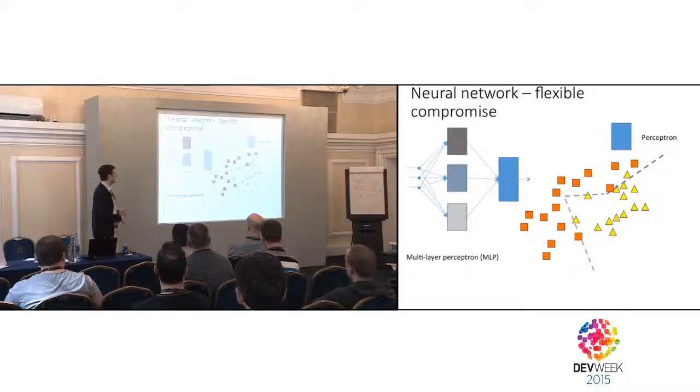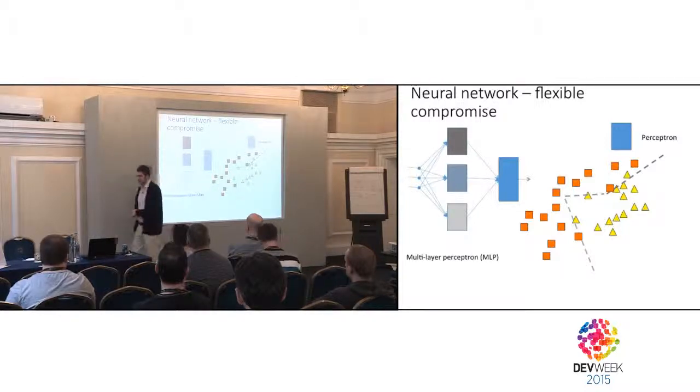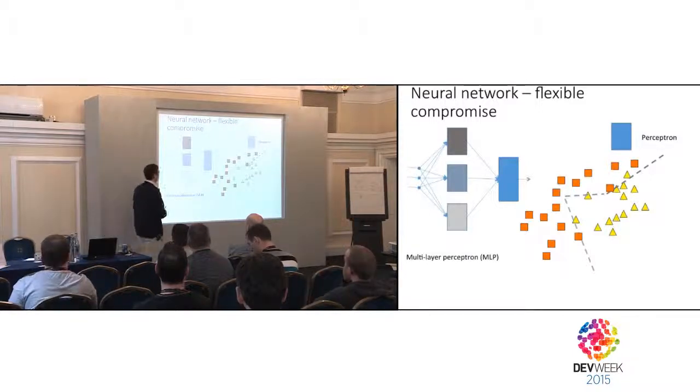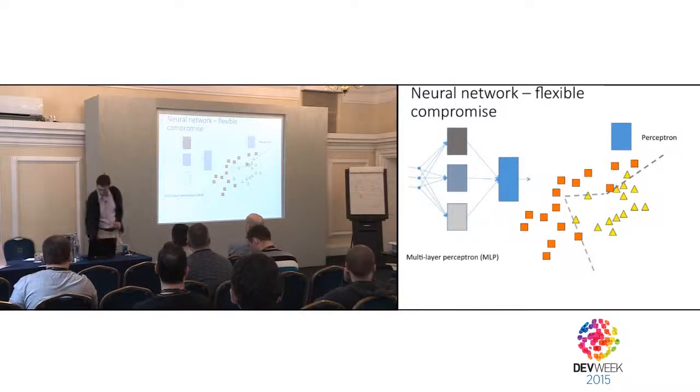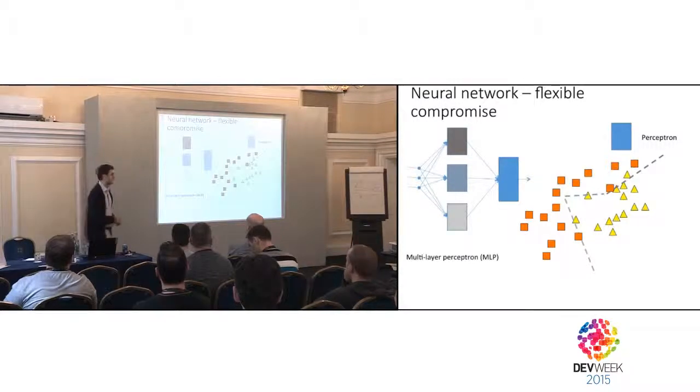And I hope that it now became clear for you how and why neural networks constitute the current state of the art for artificial intelligence. If you have questions, I can answer.